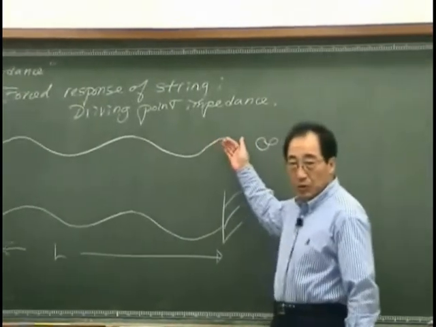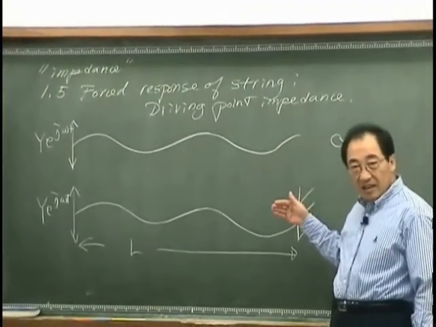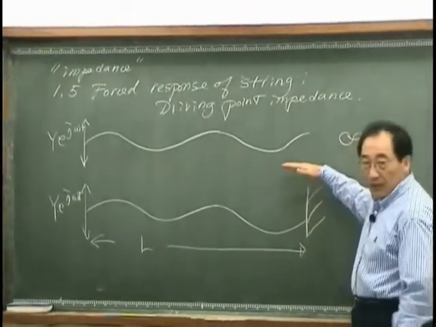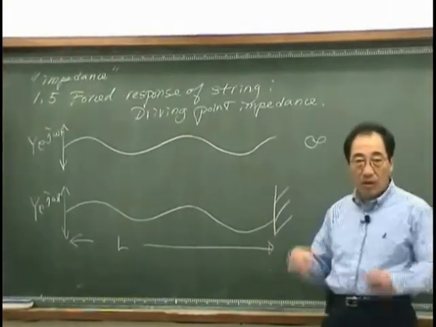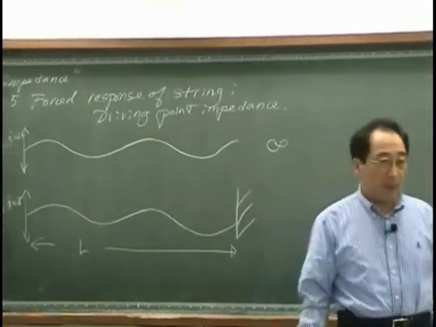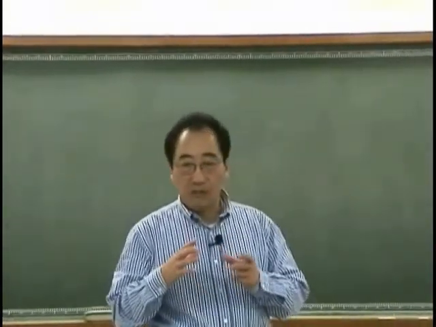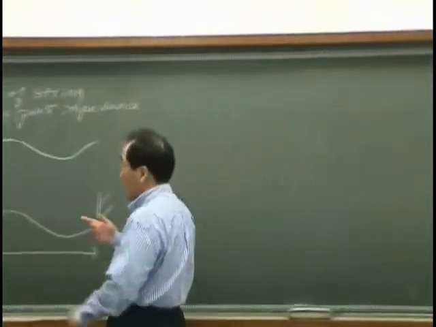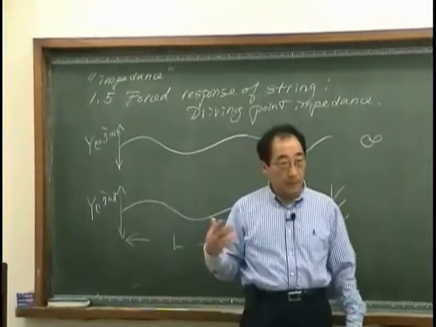The reason why we propose to study these two extreme cases is the general case. For example, if the boundary is not rigid nor infinite, but it has a certain spring mass system in general, then what we feel over here would be somewhat in between, right?